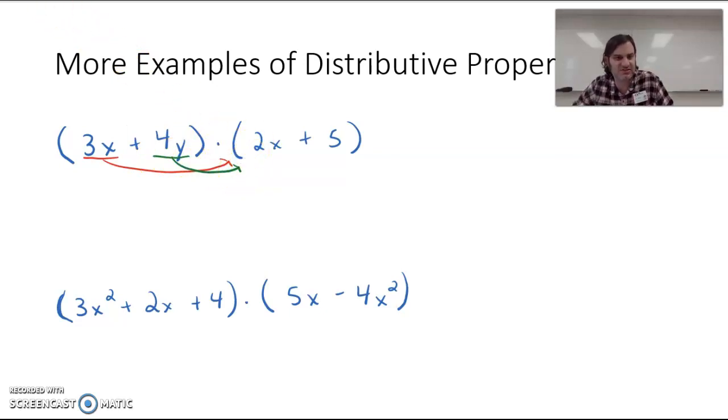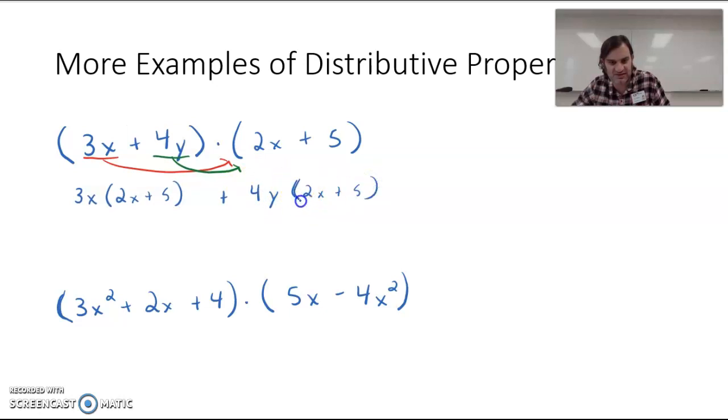So let me write that out the way I would do it. You may have a different way and that'll be fine, but it'll be 3x times the 2x plus 5. And then we'll add to it the 4y times the 2x plus 5.